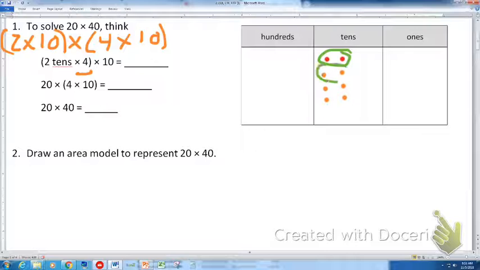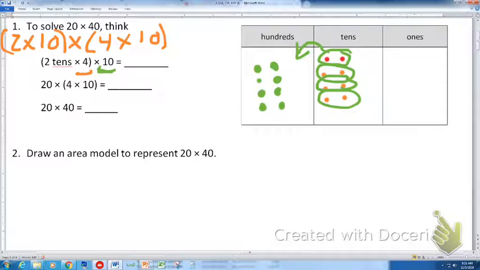1, 2, 3, 4. Now students know when it says times 10, that means we need to move our numbers and our discs to the left 1 place. So we're going to move all 8 discs, all 4 groups, over to the left. I'm making them all green. We have 1, 2, 3, 4, 5, 6, 7, 8.